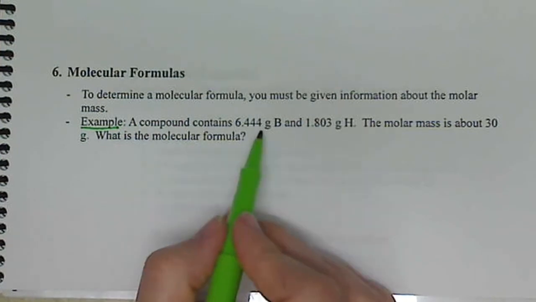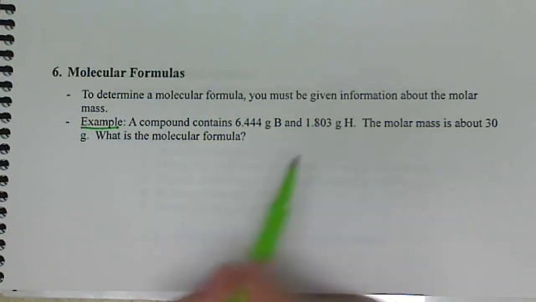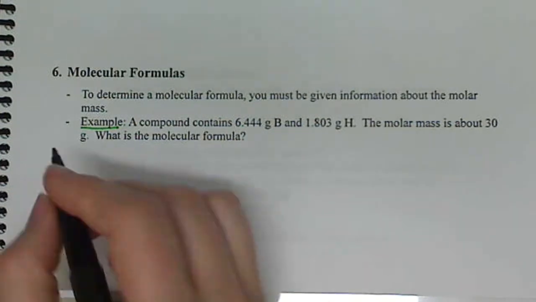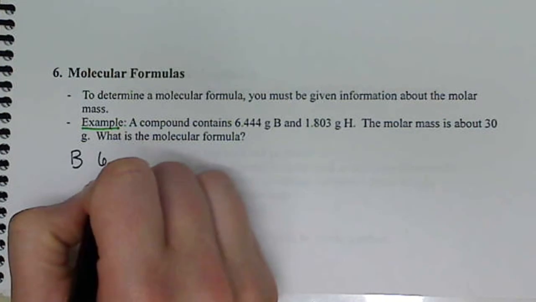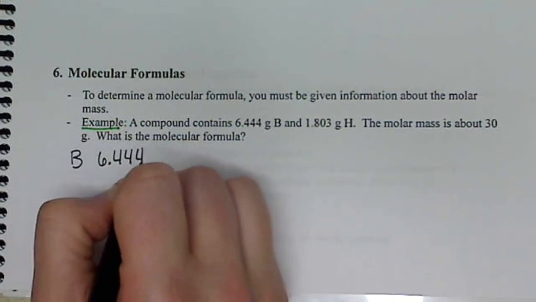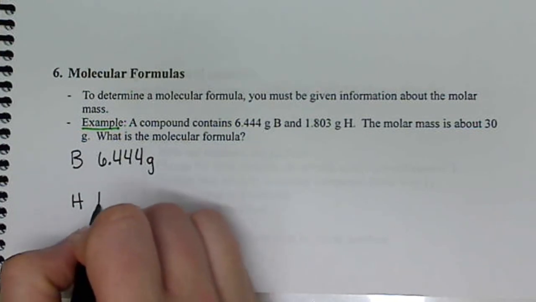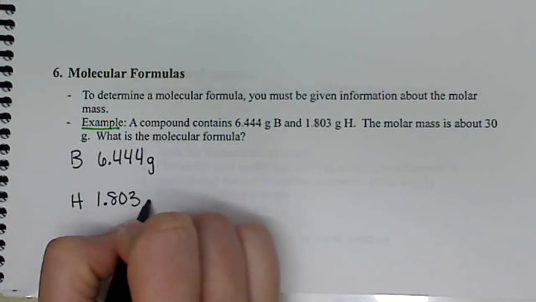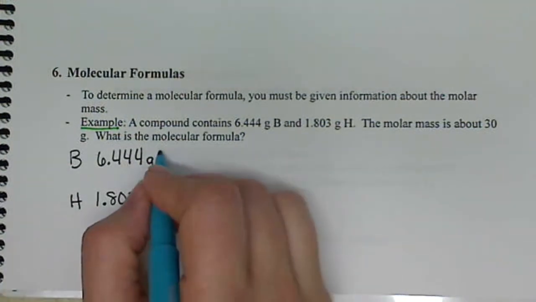So, the compound contains 6.444 grams of boron and 1.803 grams of hydrogen. So we set up what we've been given. We want to put this into moles.